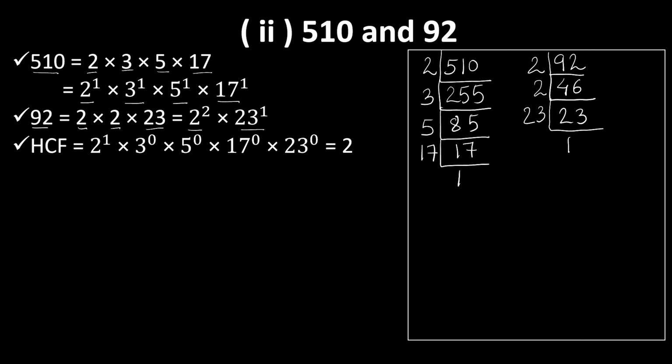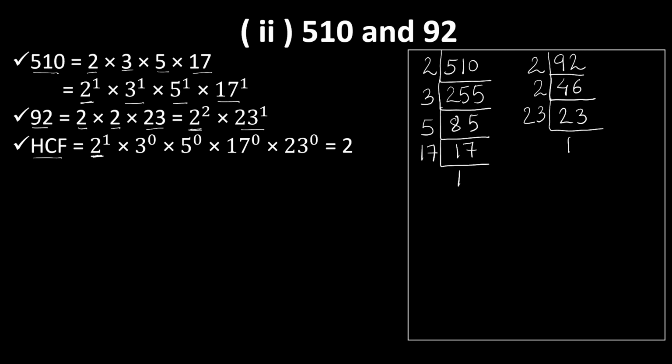Now for finding the highest common factor, we will be writing the least exponent possible in both the numbers for that prime factor. Here in 510 we can see 2 raised to 1, in 92 we can see 2 raised to 2. Therefore, the least exponent possible would be 2 raised to 1.